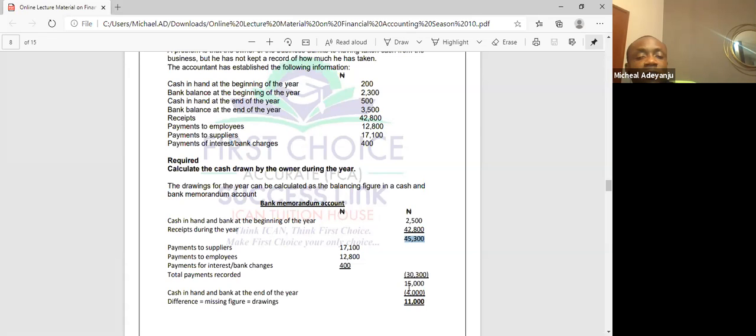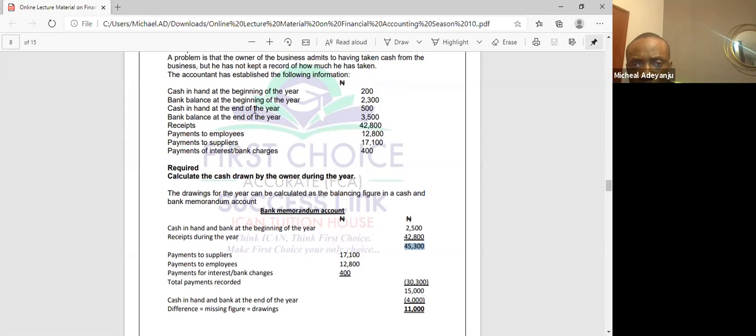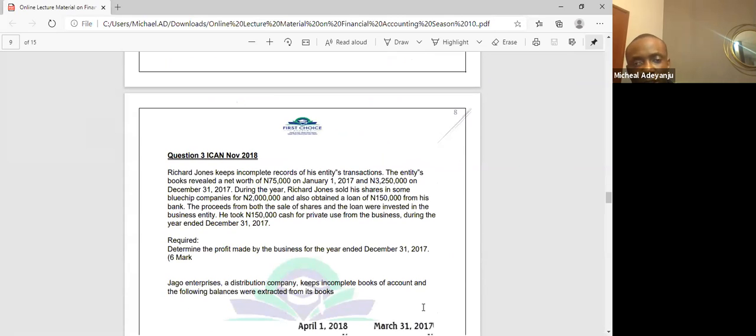This is your cash at hand or cash at bank at the end of the year. Your cash in hand and cash at bank is 4,000 naira, which is, sorry, I think we were given cash at the end of the year. Where is our cash in hand at the end of the year? Okay, so we have 3,500 and 500 making 4,000 altogether.